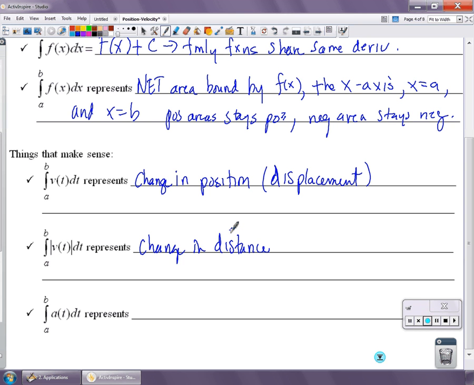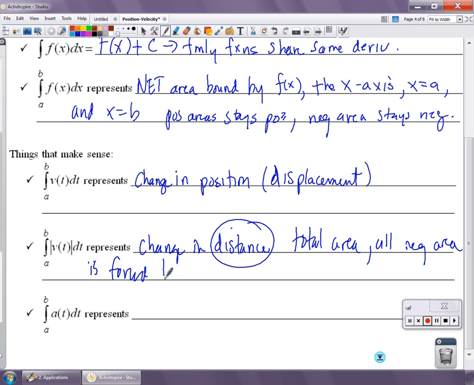Or you could say distance traveled, but in this case, we can use the word distance because we have forced all of the area to be positive, and this would be total area, all negative area forced to be positive, whereas the displacement is net area. Big idea to get into your brain.